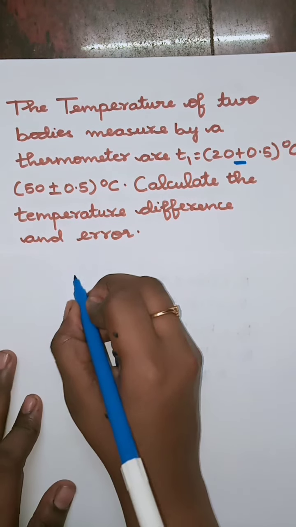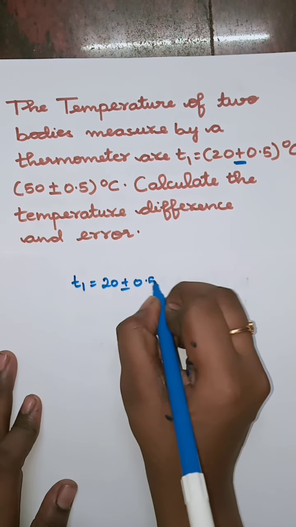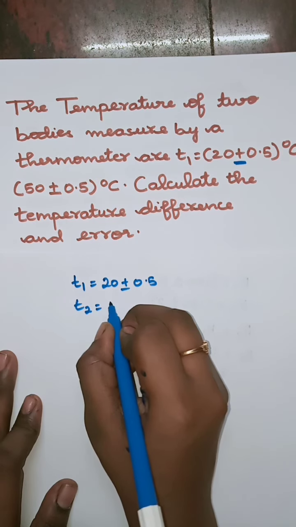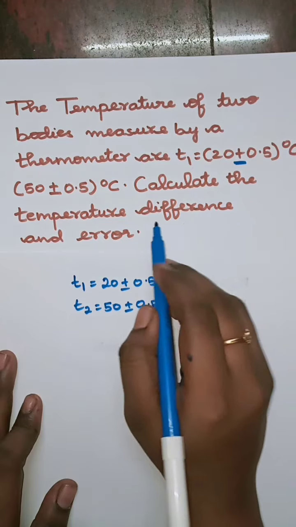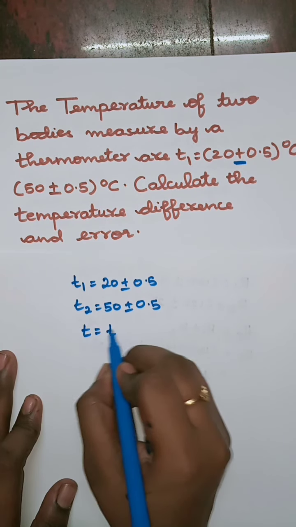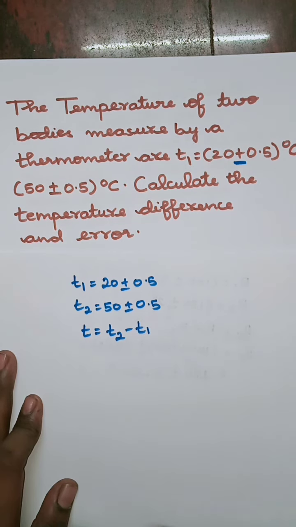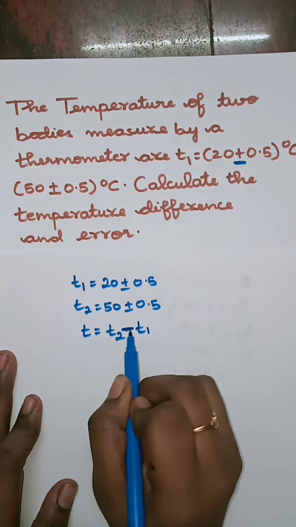How will you calculate now? T1 is equal to 20 plus or minus 0.5 and T2 is equal to 50 plus or minus 0.5. In the question, they are asking to calculate the temperature difference. So, T is equal to T2 minus T1. First, you have to put the formula. Next, in the formula, you have done subtraction.